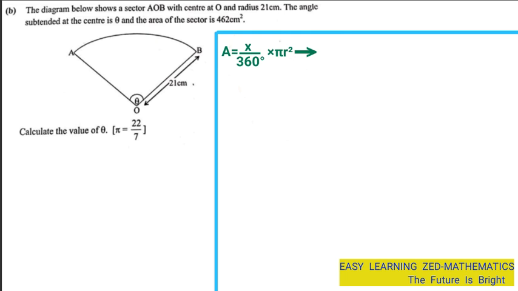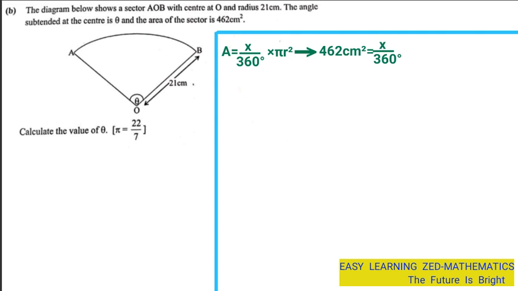So we're going to be looking at the question given as well as the symbol given. As you can see in the statement, we are given the area, which is 462 centimeter squared, which is equal to, we haven't been given the angle of the sector, so we are going to put x over 360 degrees, which will be multiplied by the radius.